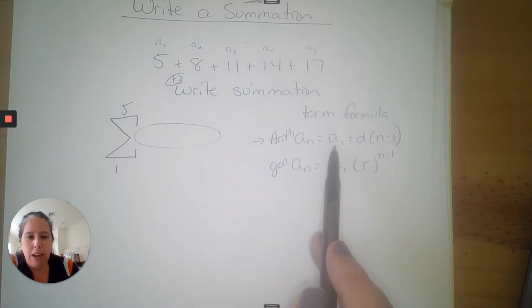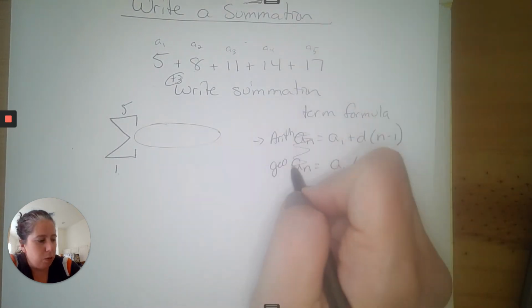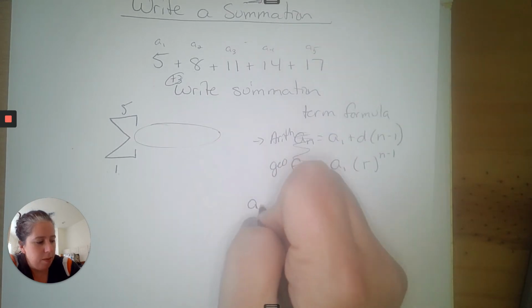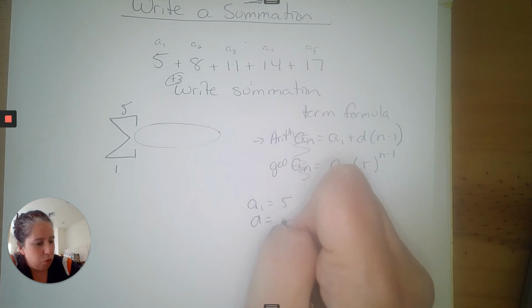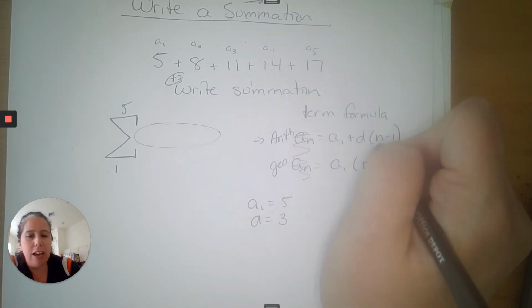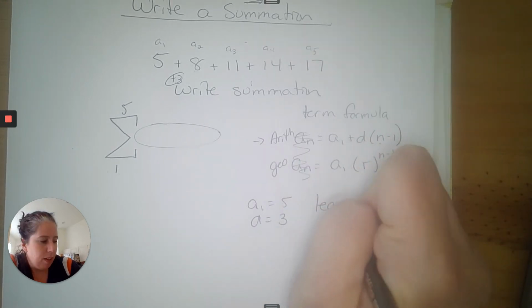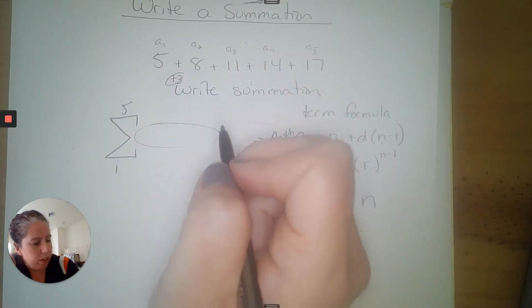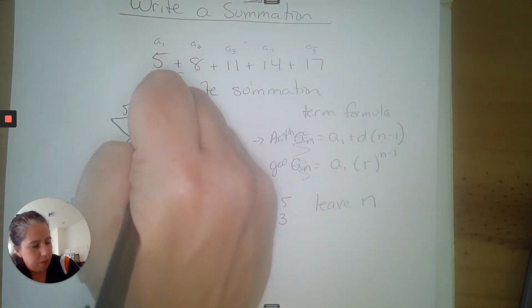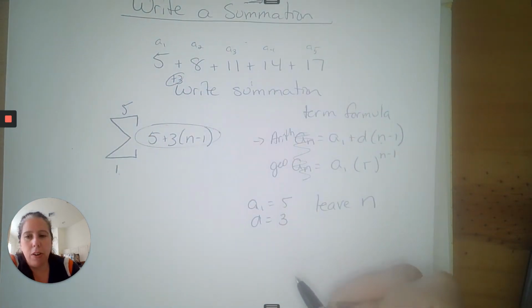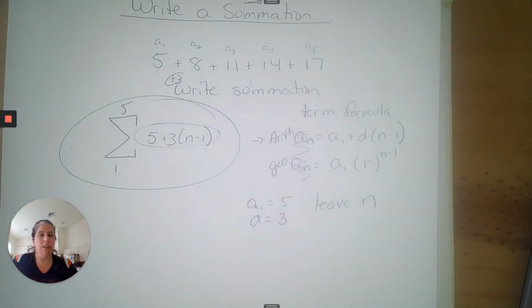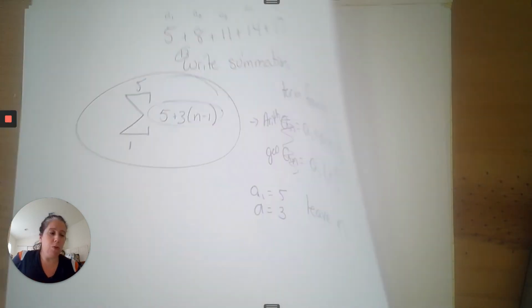You need A1, which is 5, and D, which is 3, and then leave the n. So we're just going to go 5 plus 3 times n minus 1, close the parentheses. Seriously, that's it. Be done, don't worry about it.